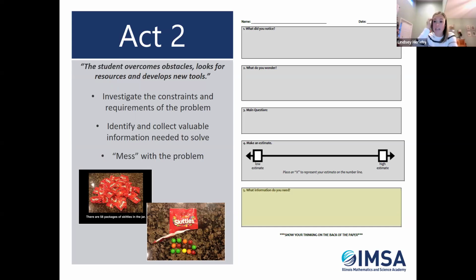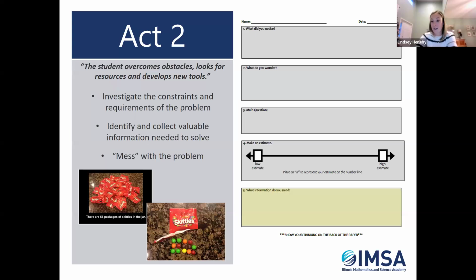Now, from an educator standpoint, if you're asking yourself the question, yeah, but when would I teach that? Now is the time. Students have a reason to learn how to multiply two-digit numbers. They really want to know how to multiply 58 times 14. Okay, now is the time to teach them that.